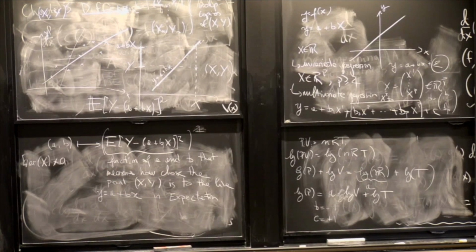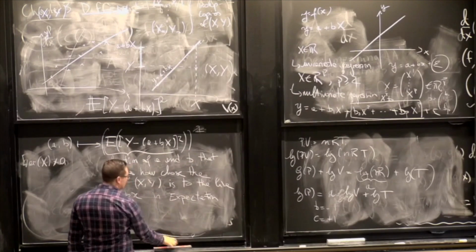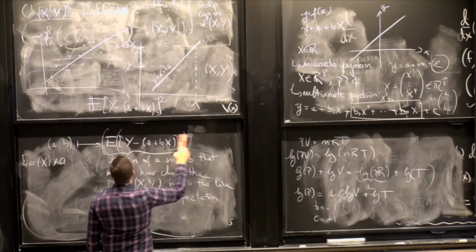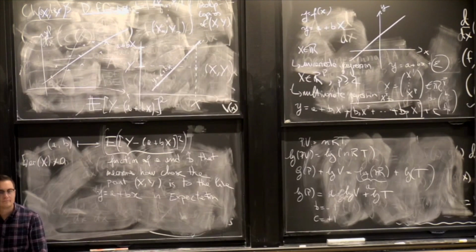Do you want me to put an extra set of parentheses? Yeah, sorry, it's just confusing. OK. That's the one that makes sense. So the expectation of the square, sorry. Yeah, dyslexia. All right, any question?